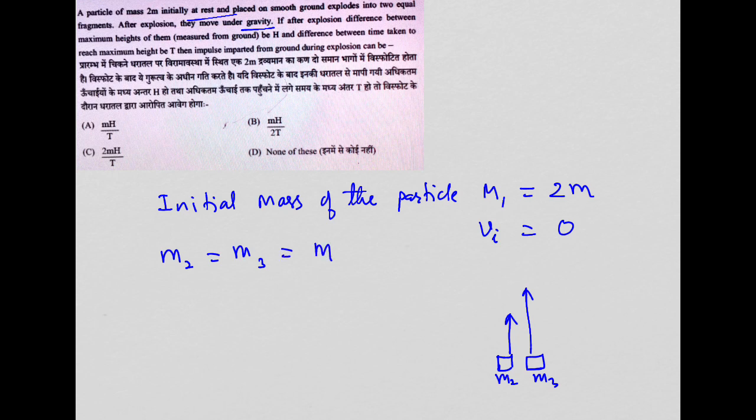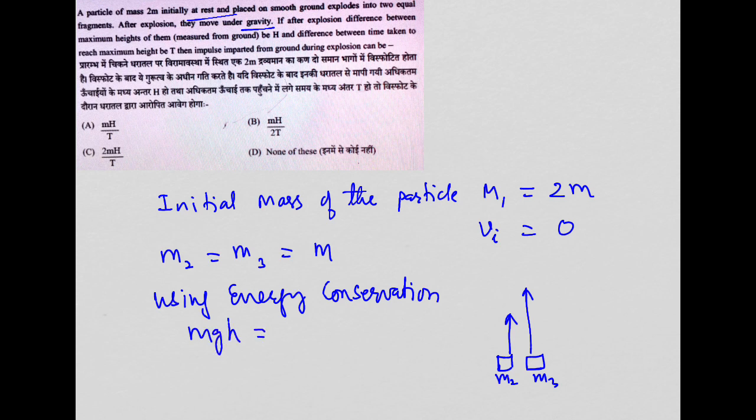Now the maximum height raised by the first one, but first of all, using energy conservation, the maximum gravitational potential energy of the fragment at the maximum height will be equal to its initial kinetic energy, half mv squared.